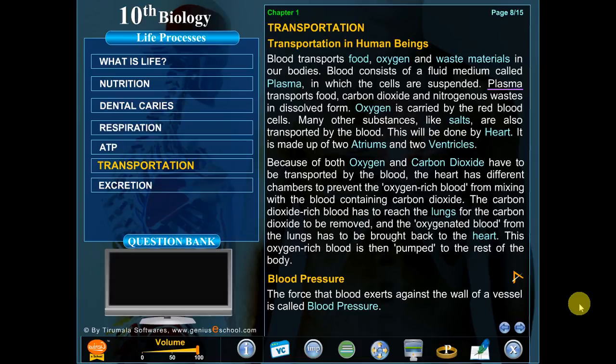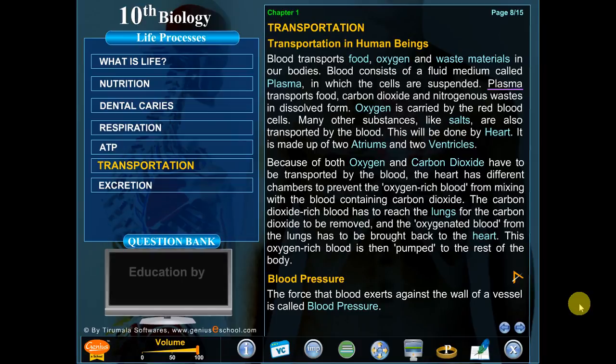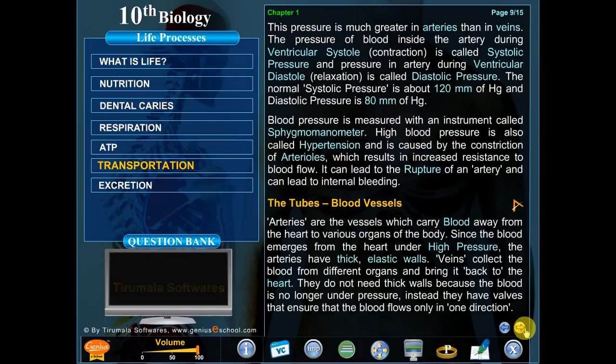Blood pressure. The force that blood exerts against the wall of a vessel is called blood pressure. This pressure is much greater in arteries than in veins. The pressure of blood inside the artery during ventricular systole, that is contraction, is called systolic pressure, and pressure in artery during ventricular diastole, that is relaxation, is called diastolic pressure.